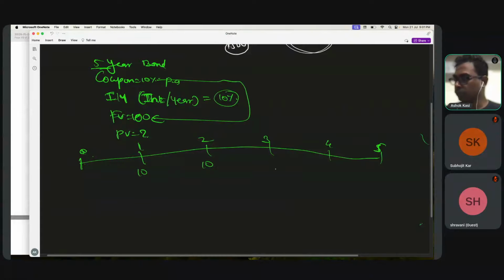So this is the cash flow, and then you will get back the principal amount.